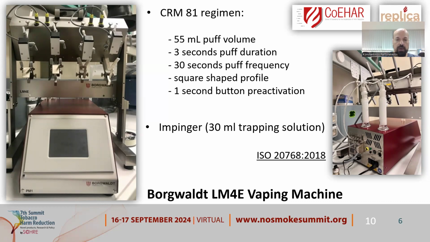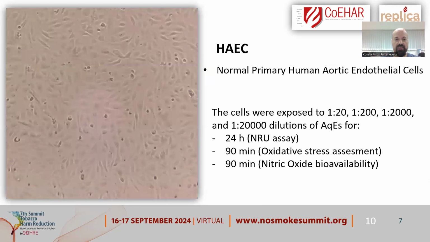The aerosol was bubbled into an impinger filled with 30 ml of trapping solution. The cells used were HAEC, normal primary human aortic endothelial cells, and they were exposed to the aqueous extract for 24 hours for an NRU assay and 90 minutes for the evaluation of the oxidative stress and nitric oxide bioavailability.